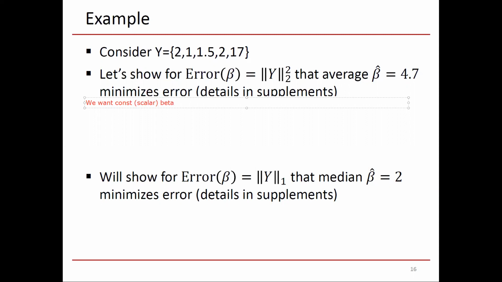We want a scalar beta such that the summation over n of (yn minus beta) squared is small. Okay, so how do we find this constant? I'm telling you it'll turn out to be the average of the numbers, and the average is conditional expectation, but we're going to revisit this point in a few minutes.